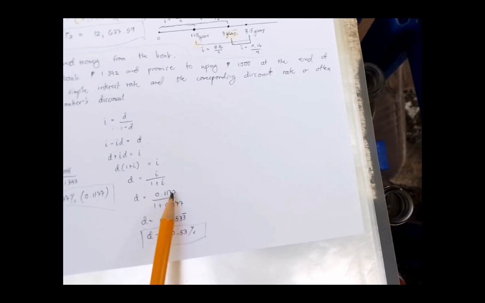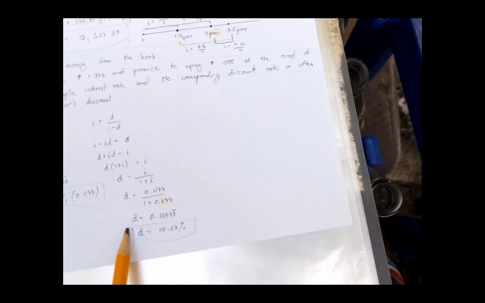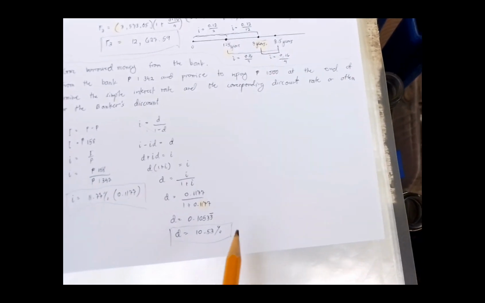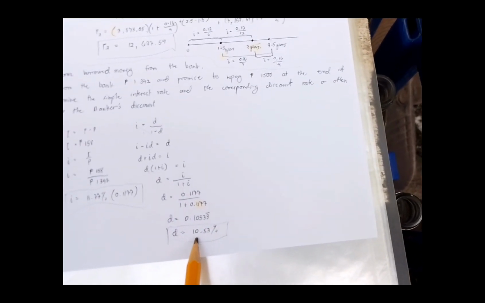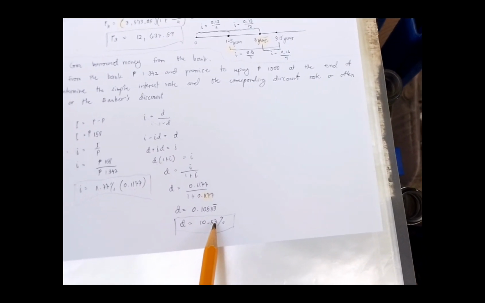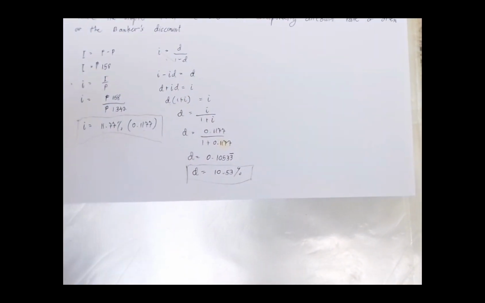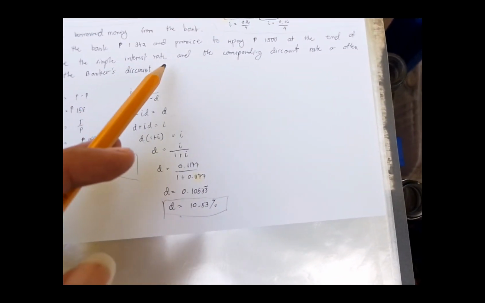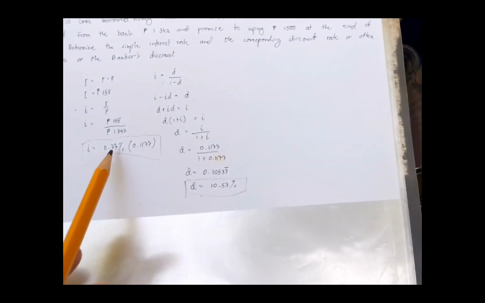So 0.1177 all over 1 plus 0.1177, and that would equal 0.10533 repeated. Then times 100%, we can get 10.53%. So this is for the discount, the asking, and the simple interest.